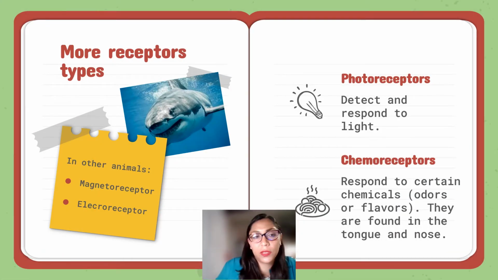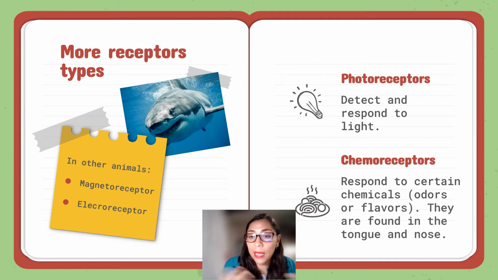Other receptors are photoreceptors that detect and respond to light. Most photoreceptors are found in our eyes, and they are needed for the sense of sight or vision. We have the chemoreceptors. These chemoreceptors respond to certain chemicals.